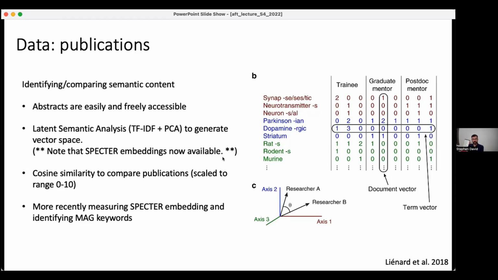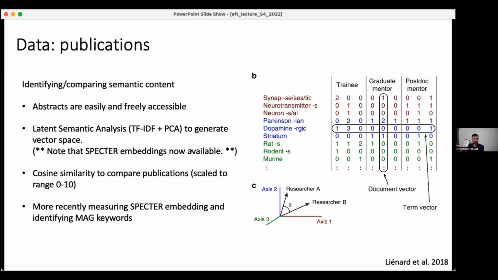And you can perform PCA to reduce the dimensionality. So we've had variously 400 dimensional vectors. And I think the SPECTER analysis, which is a different embedding of publications, was it 1300? I can't remember how many dimensions it is. It's higher dimensional and presumably capturing a much more nuanced set of data about the semantic content.